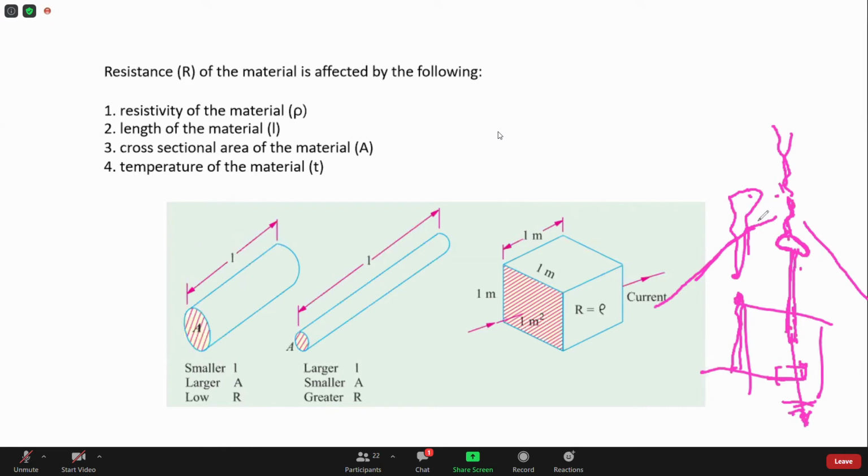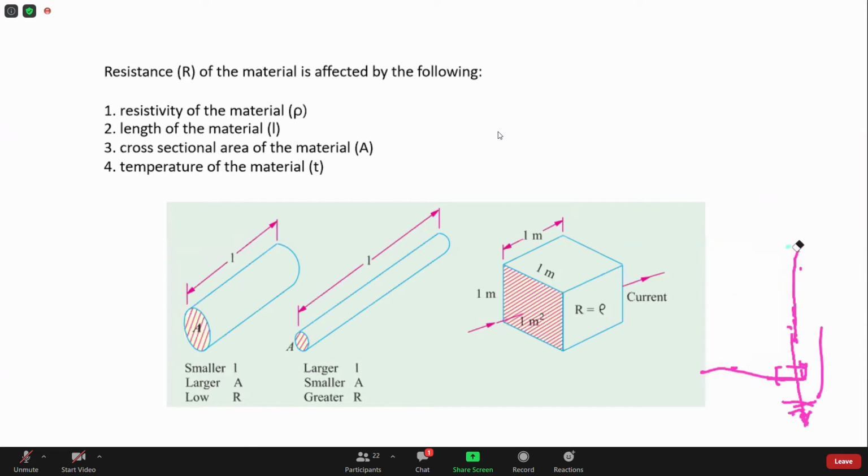Okay, so the resistance is also dependent on the length of the material. So meaning the longer, the higher the resistance.